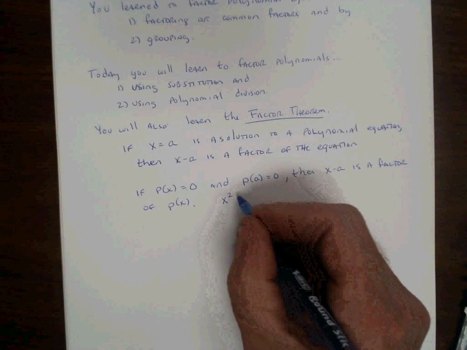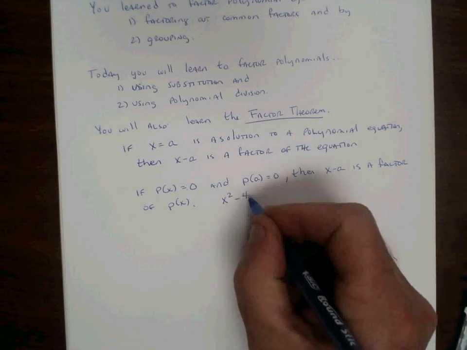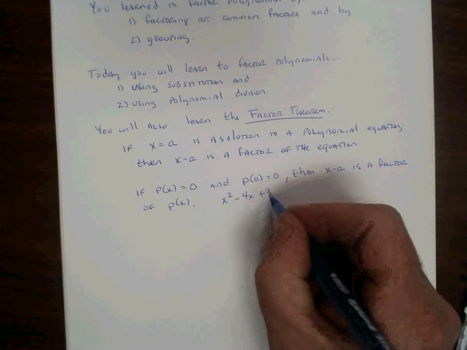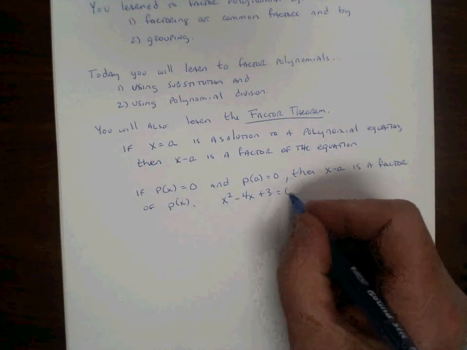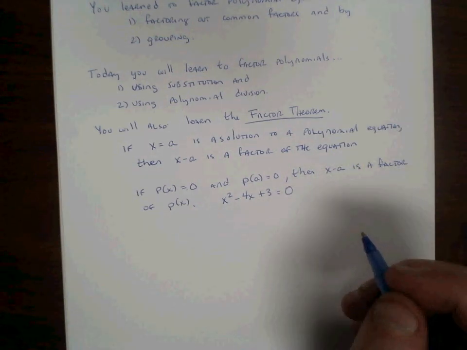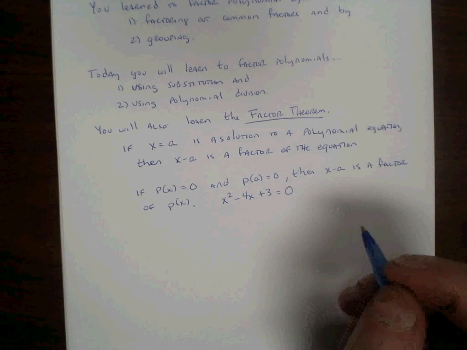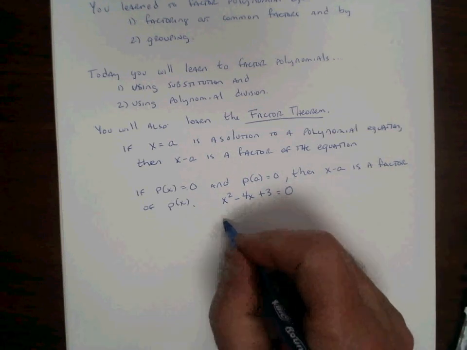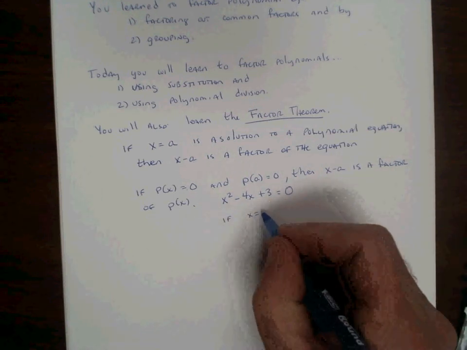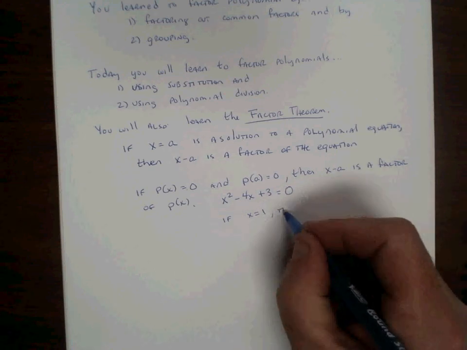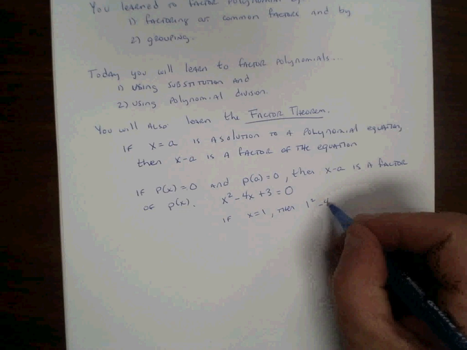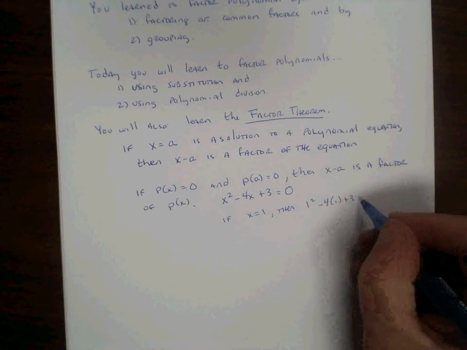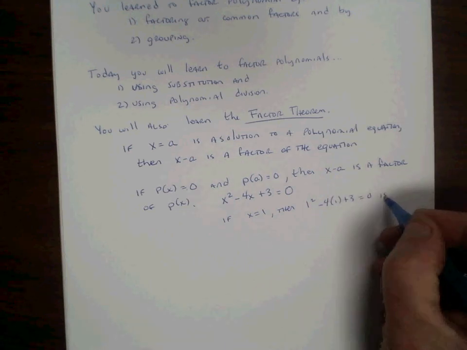Take, for instance, the equation x squared minus 4x plus 3 equals 0. If I plugged in 1 for x, then 1 squared minus 4 times 1 plus 3 equals 0 is true.